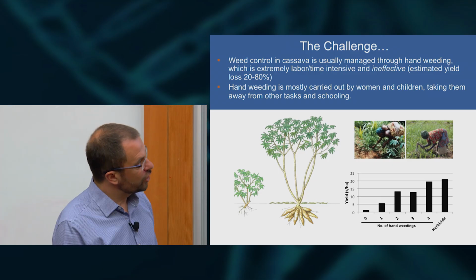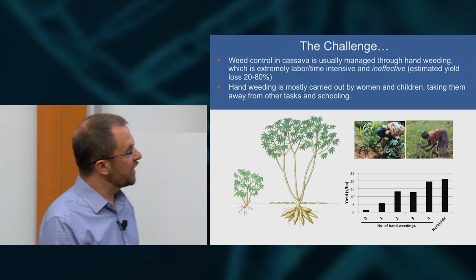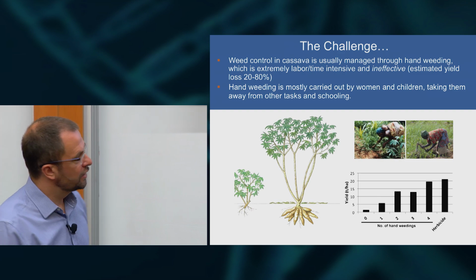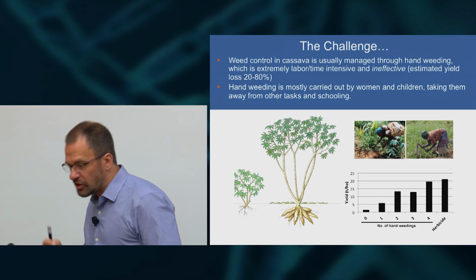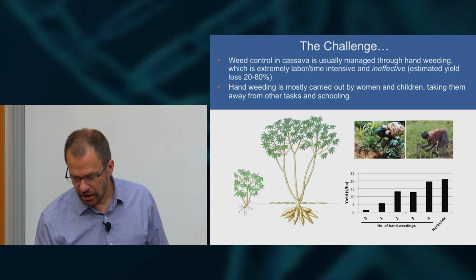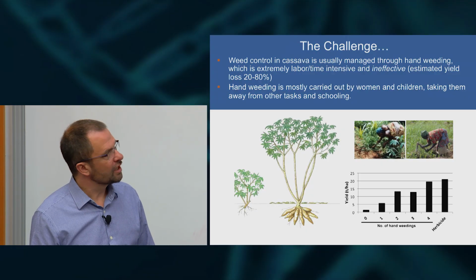And it's known that herbicides, chemical treatments, can achieve increases in yield comparable to four rounds of hand weeding. So herbicide tolerance, a classical product of biotech, is what we're trying to achieve in cassava.